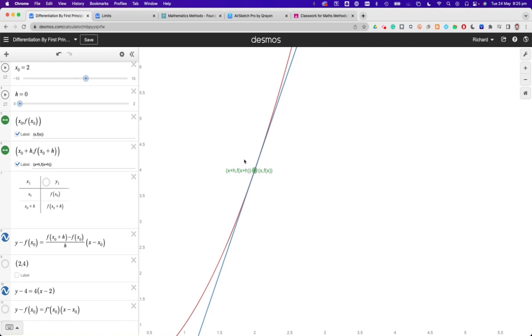And based upon what we've done earlier, I hope you can see that it's not a hard thing to say that if we can work out this tangent line, then the gradient of this tangent line, which is the same all the way along this blue line, will be exactly equal to the gradient at that point.